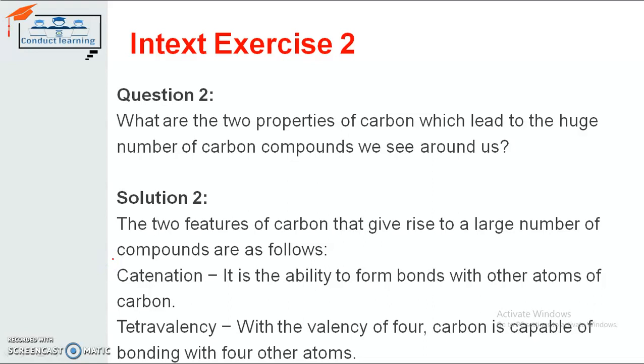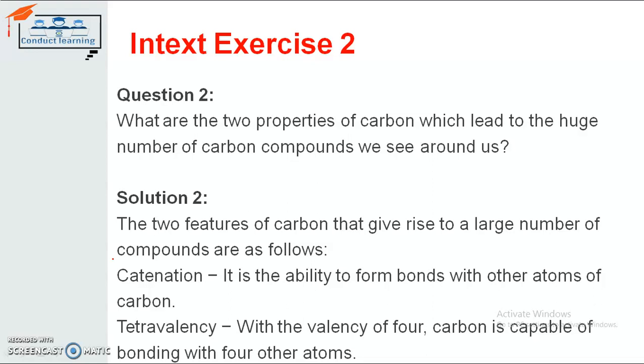The next question is what are the two properties of carbon which lead to the huge number of carbon compounds as we see around us. We have already done this, because we know that carbon has two different properties, that's why it can have 3 million compounds.